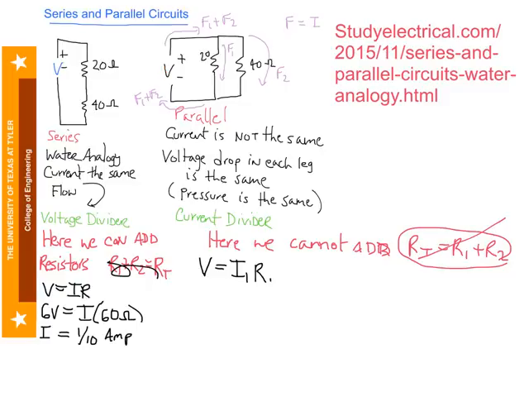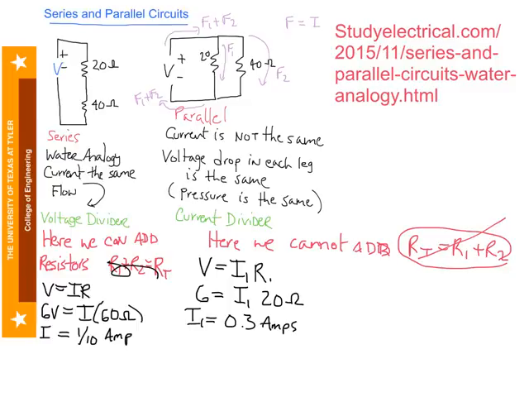So if I use that same 6-volt battery across this one, I have 6 volts equals I1, and that first resistor is 20 ohms. I can find that first current, so I1 is equal to 0.3 amps.